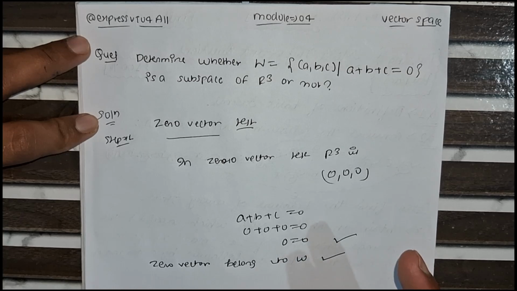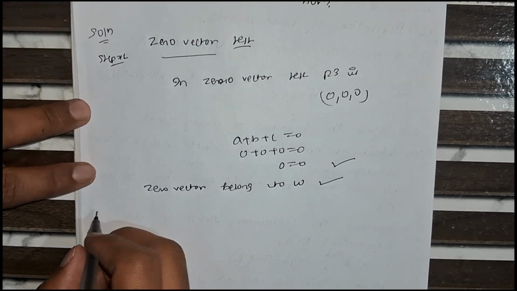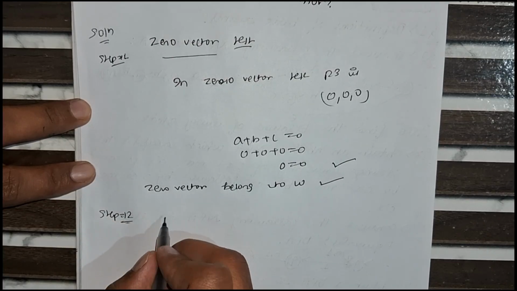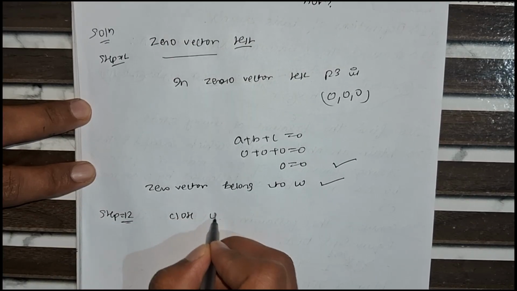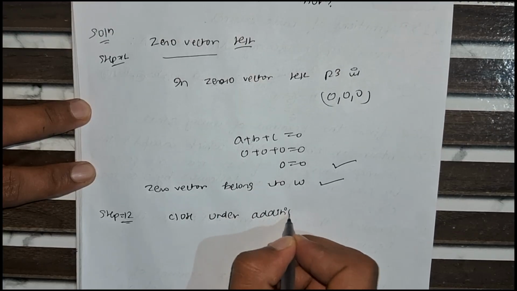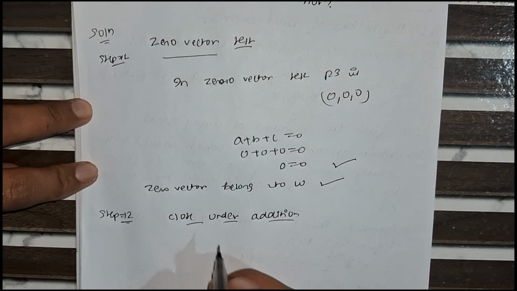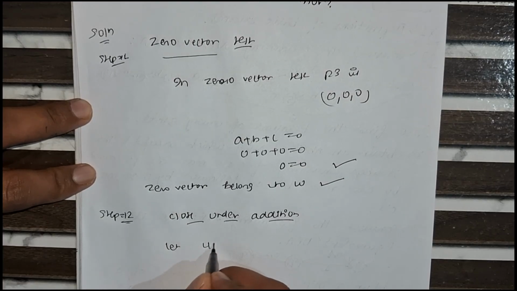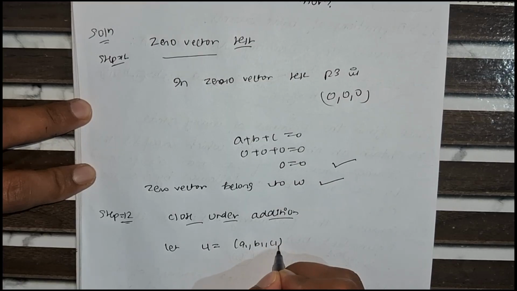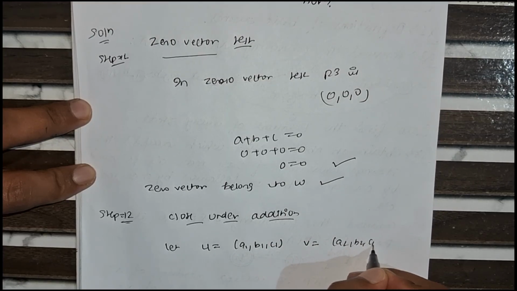Now move to our second condition, which is closed under addition. Step 2: in closed under addition, let u = (a1, b1, c1) and v = (a2, b2, c2).